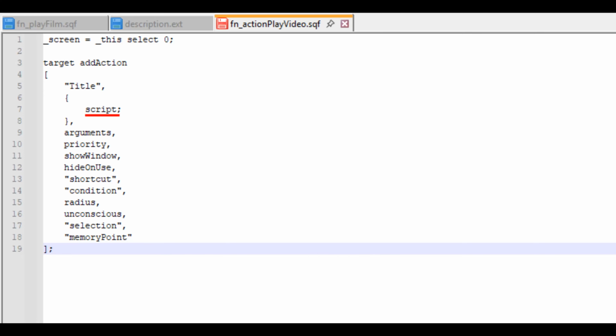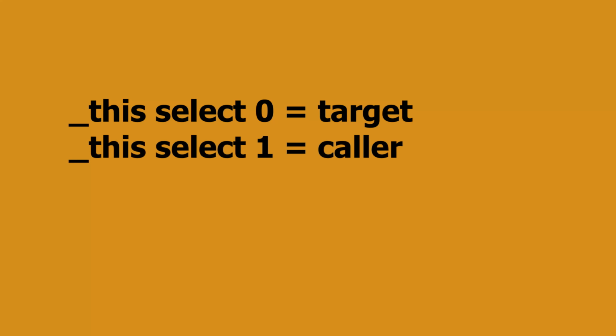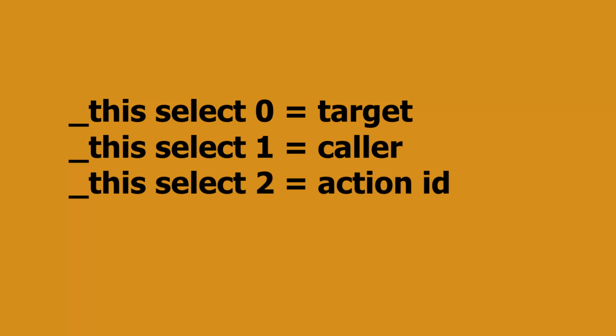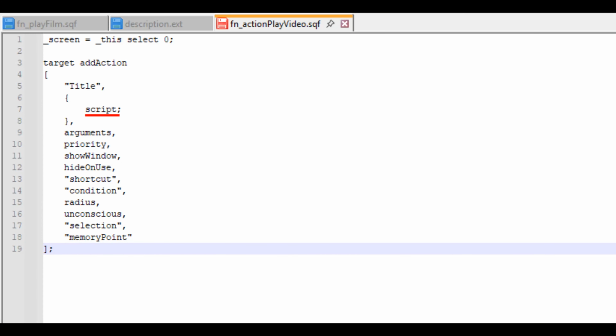There are 4 parameters we can use to make things easier for us. _this select 0 scopes to the object the action is assigned to. _this select 1 scopes to the caller of the action. _this select 2 scopes to the action ID. _this select 3 scopes to the argument set in the next parameter of the script. After the script, we have arguments, which are passed to the script and can be selected with _this select 3.